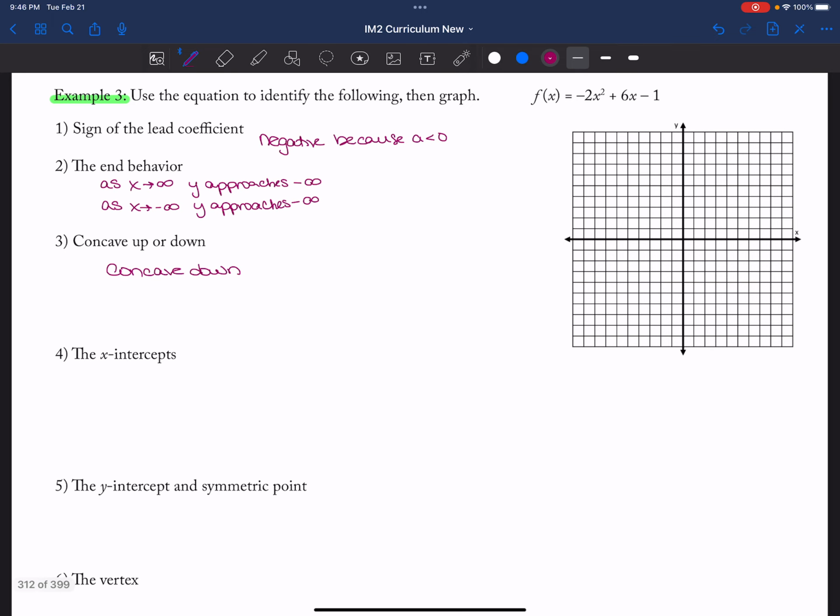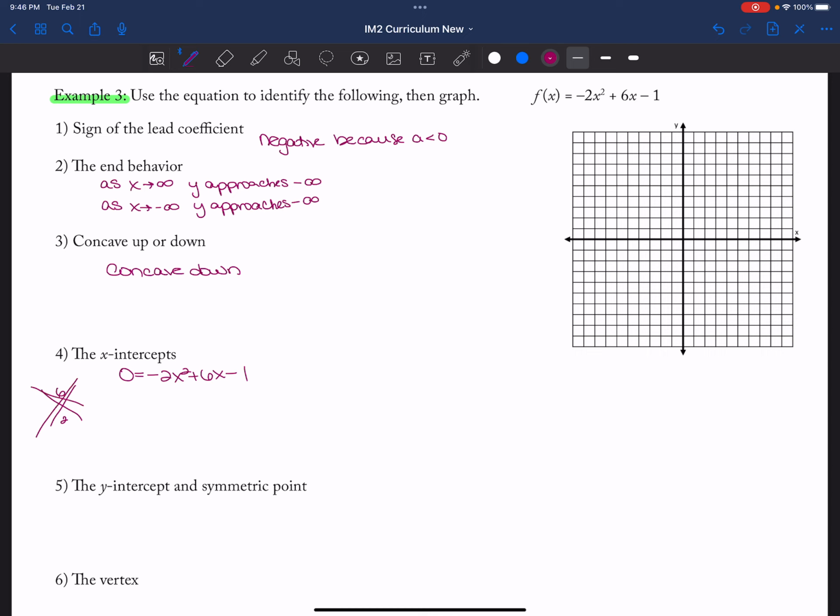The x-intercepts, I would be setting my equation equal to 0. No, minus 1. So now when I go to factor, 6 and positive 2, there's no numbers that actually work out for this.